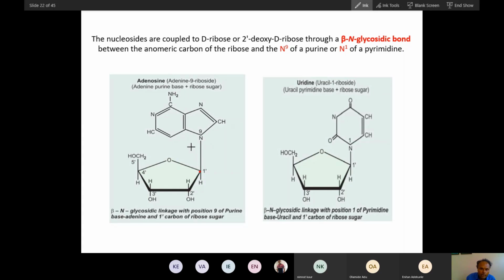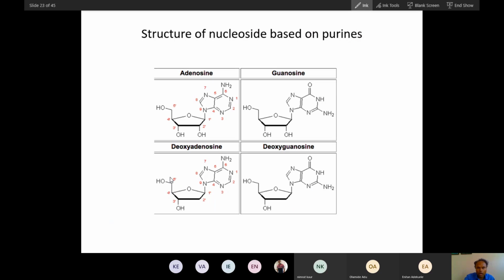Now we will see the torsion angle, how this base is positioned in relation to this sugar. You can see adenosine 9, guanine, deoxyadenosine with 9, and guanine also is 9 with 9 like this.